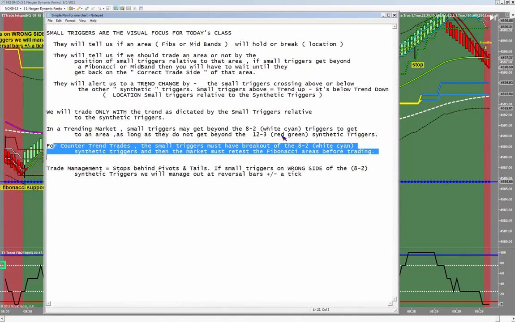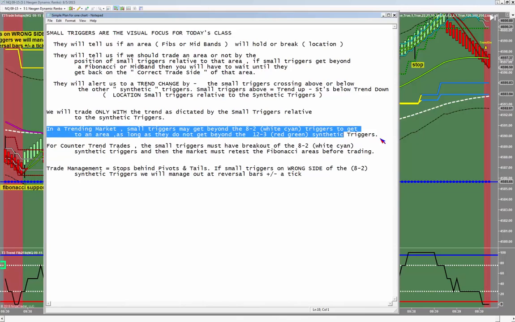In a trending market, the small triggers may get beyond the 8-2 white synthetic triggers, as long as they do not get beyond the 12-3 red and green synthetic triggers. You can still do your trend trades.